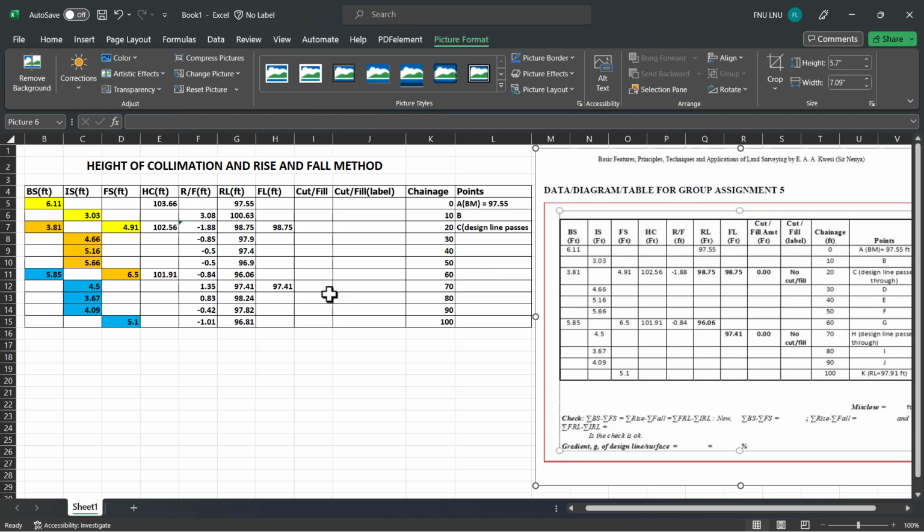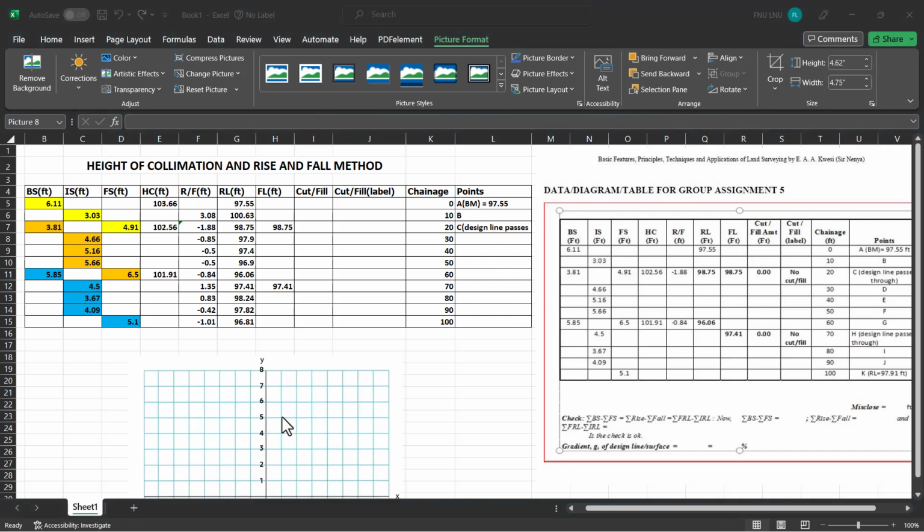Before you are able to compute the cut and fill, you should get the finish level at that particular chainage. Here we don't know the finish level. Here too we don't know. And this particular cell too we don't know the finish levels. But at chainage 20 and 70 we know the finish levels, so we should be able to compute the other four.